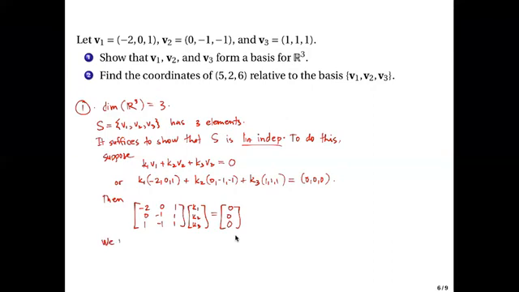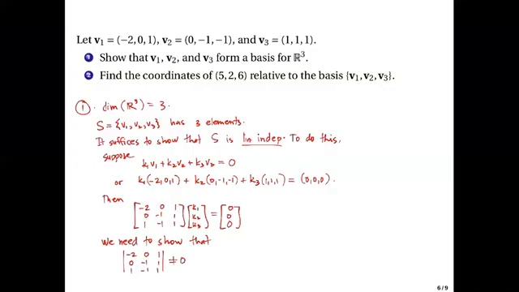We need to show that the determinant of the matrix with rows negative 2, 0, 1; 0, negative 1, 1; 1, negative 1, 1 is not equal to 0.